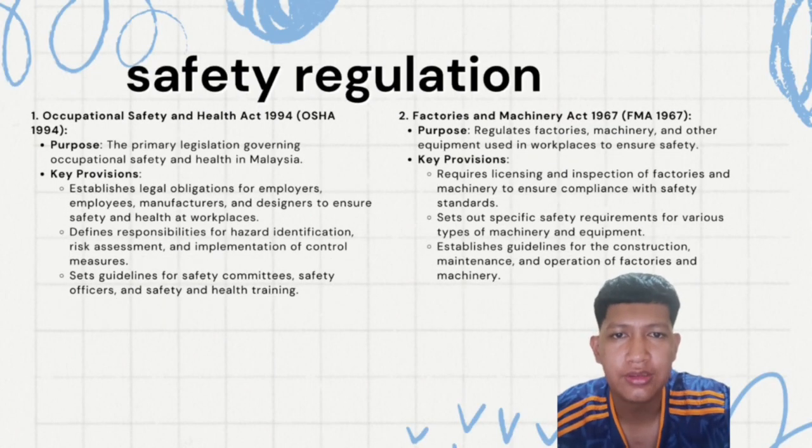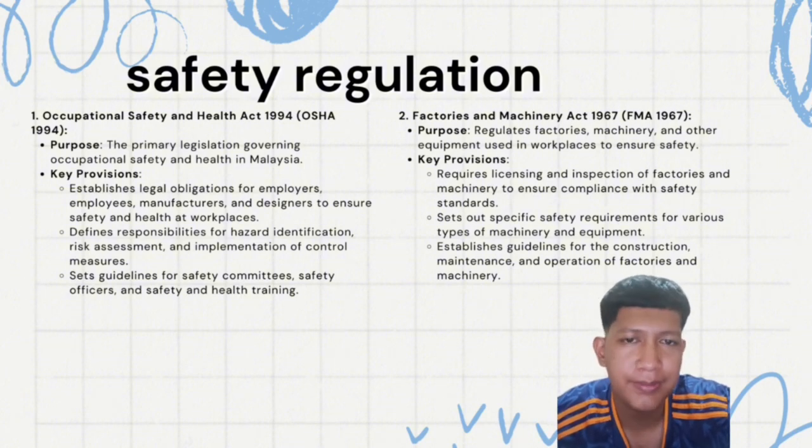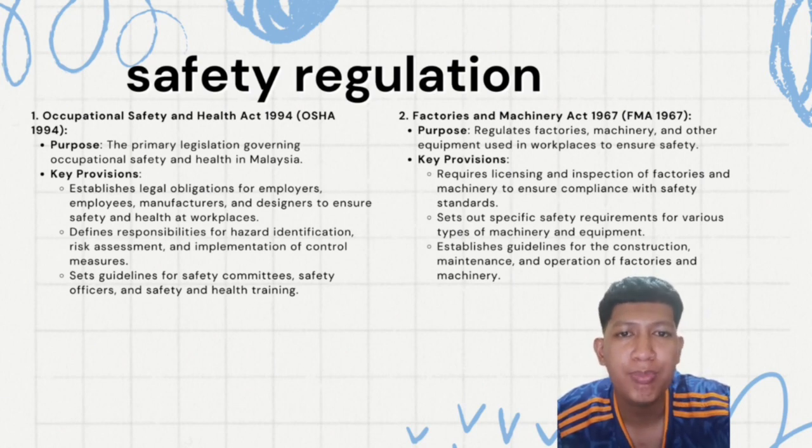Safety regulation. First, Occupational Safety and Health Act 1994, OSHA 1994. Purpose: the primary legislation governing occupational safety and health in Malaysia. Key provisions: establish legal obligations for employers, employees, manufacturers, and designers to ensure safety and health at the workplace.